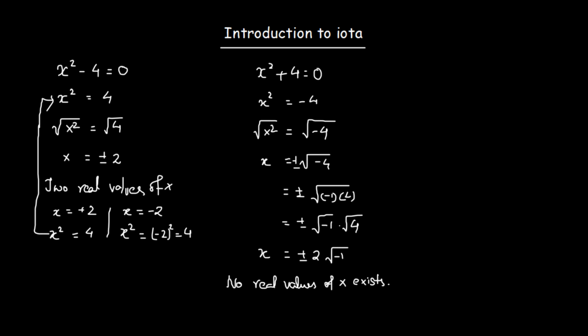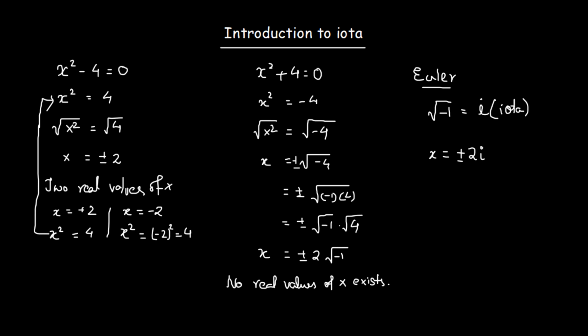To deal with this problem, the German mathematician Leonhard Euler gave us a value. He said to consider the square root of negative 1 to be a number represented by the symbol i, and it's called iota. Now if we use this definition, then our equation becomes x equals plus or minus twice i.